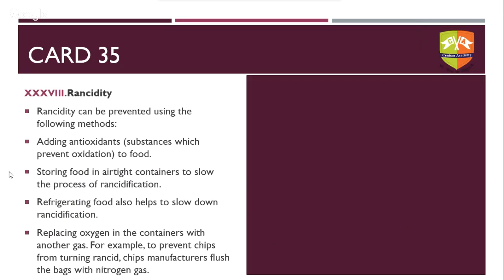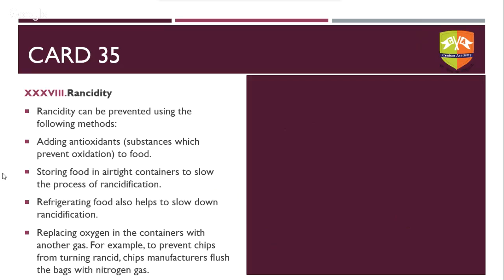Now, how do we avoid rancidity? Rancidity can be avoided by a couple of methods, 5 different methods I have mentioned here. One is that it can definitely be prevented through antioxidants, which means substances which prevent oxidation of food. Okay. So that's one. The second is, you can also store this in airtight containers where air does not come in and really mess up with the food substance.